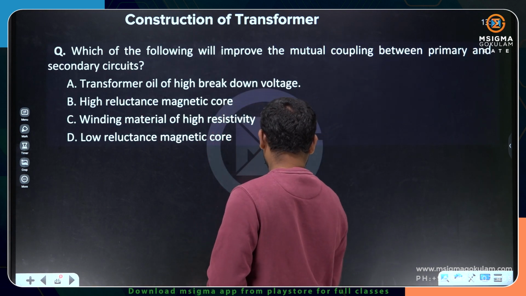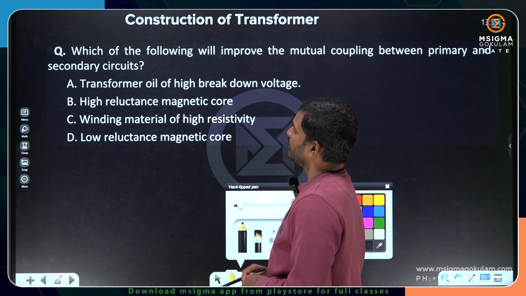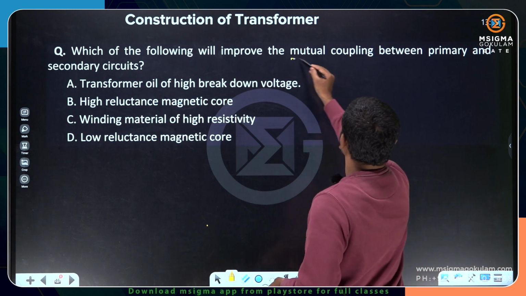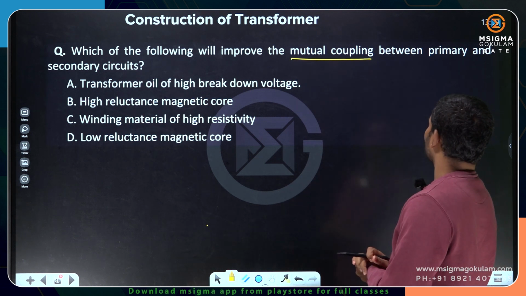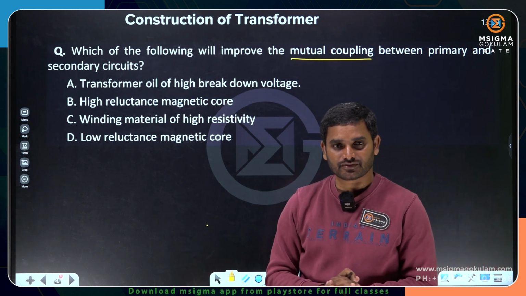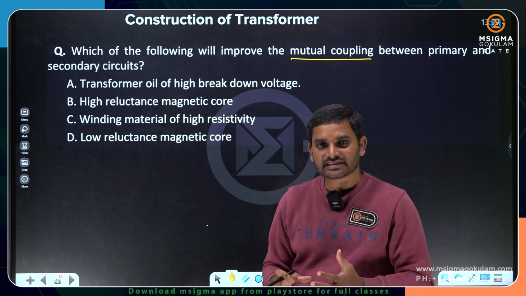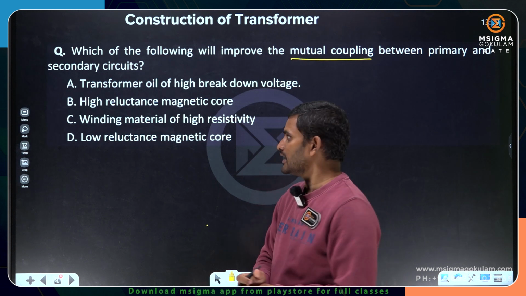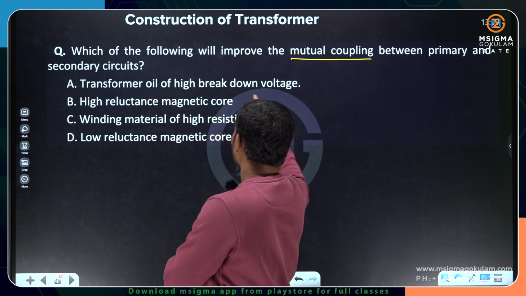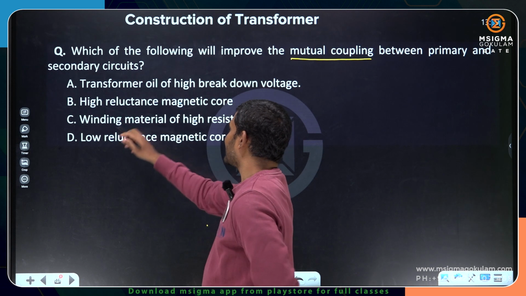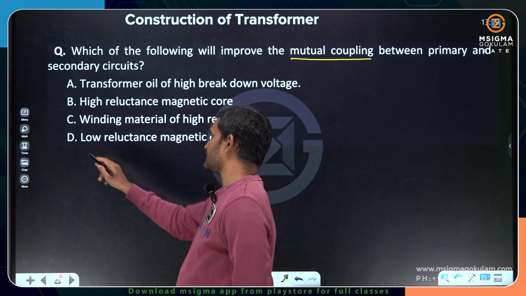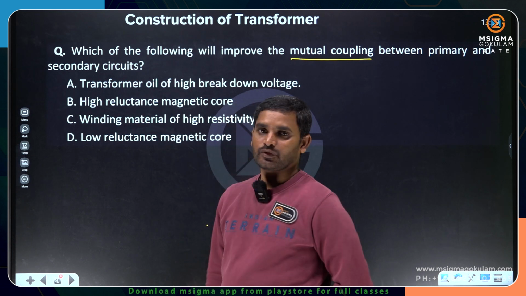Here the question is, which of the following will improve the mutual coupling between primary and secondary circuits? Between the two coils, how can you enhance the coupling? You have seen: the transformer oil of a high breakdown voltage, high reluctance magnetic core, winding material of high sensitivity, high resistivity and low reluctance magnetic core.